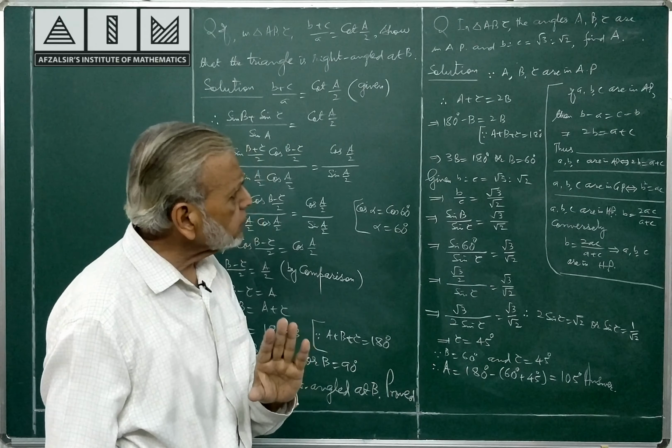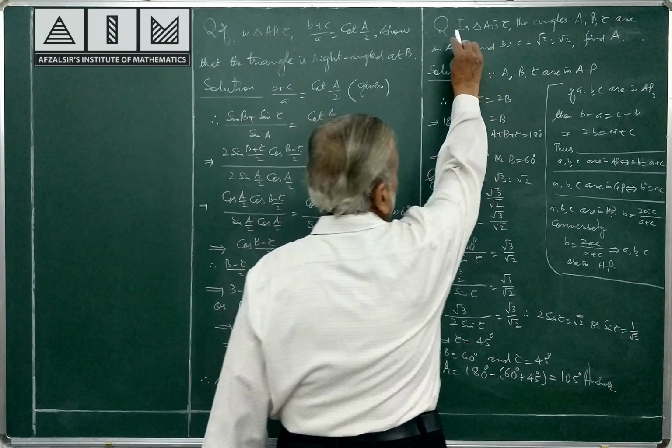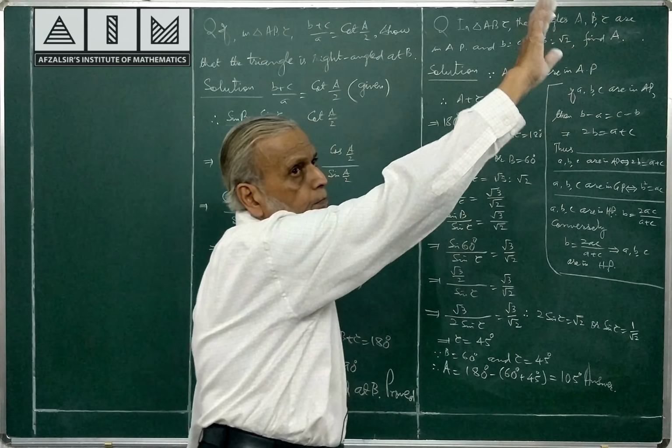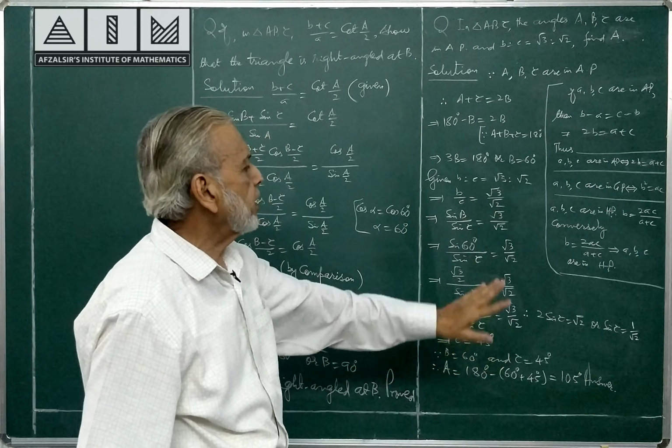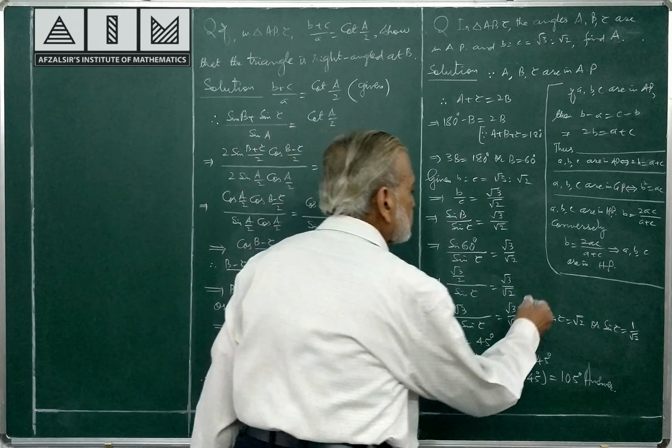One important thing, please note. In any question hereafter, once they say A, B, C are in AP, blindly you say B is 60, you need not work out. I am writing.